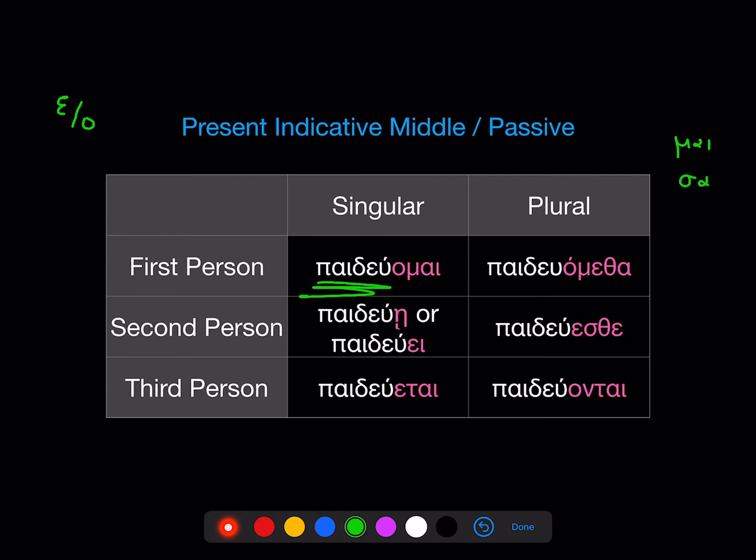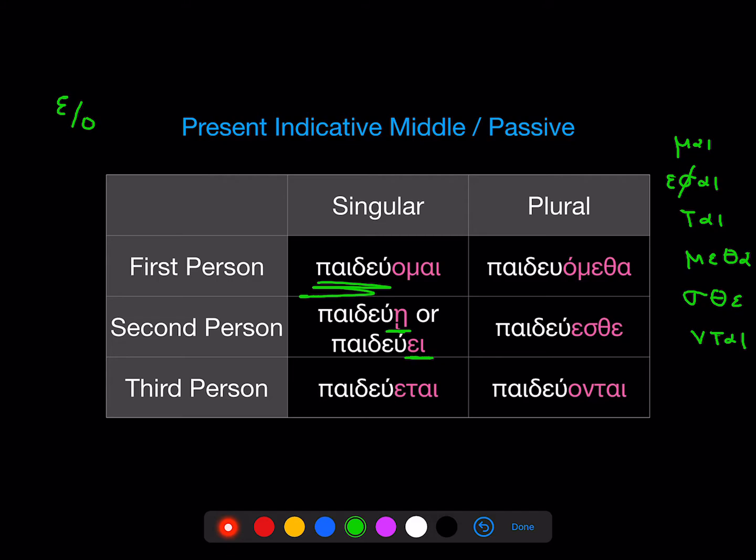Mai, sai, tai, metha, sthe, and ntai, right? And in the second person singular, we have the contraction, right? We have sai, intervocalic sigma drops out, and we have these alternative forms, ei or e.